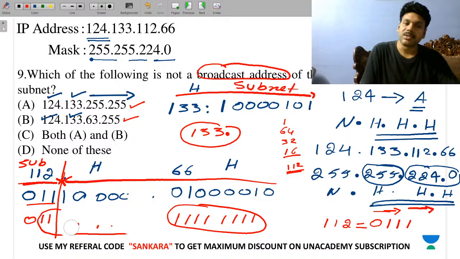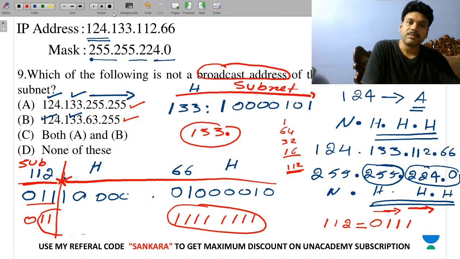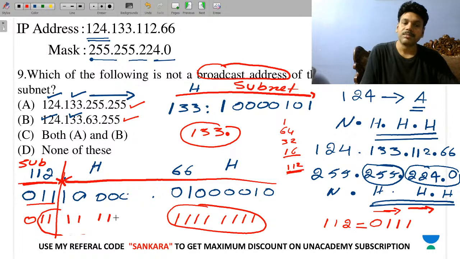It's not 6 bits. So I am taking a 5-bit combination, so make them zeros and make them ones. Now you got the answer. So what is the answer? 5 and 2.